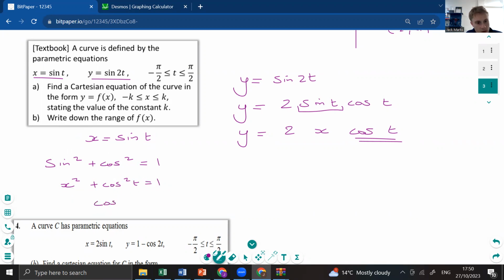So I could say that cos squared t is the same as 1 minus x squared, and then I could do the root of that. So I could say cos t equals the root of 1 minus x squared. Now, it's not pretty, it's not nice, but it does work. And I am using the other equation, and I'm using identities to remove this piece here. So I can do this. So the final answer for this particular one, for the Cartesian equation, is going to be as follows.